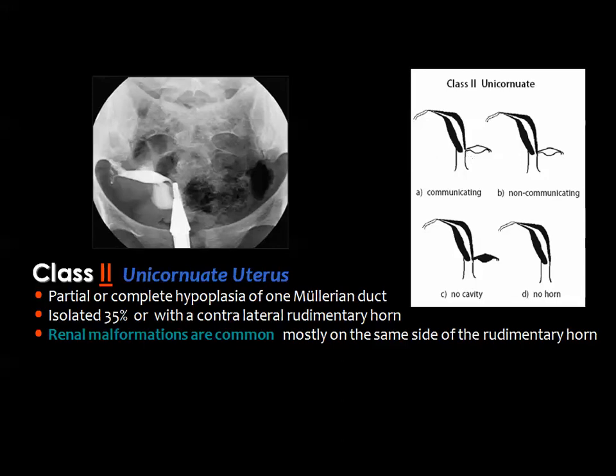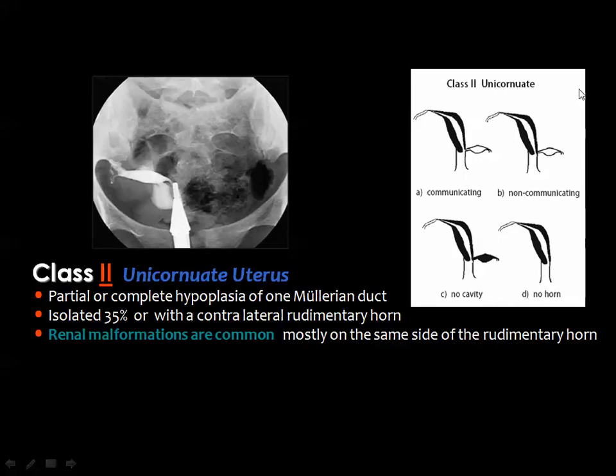If the cornu is connected to the uterine cavity, it will fill with contrast material during hysterosalpingography. But if not, and you see here only one uterine cornu, you may expect that there is no other cornu at all, or the cornu is present but it is not connected to the uterine cavity, and this information is only obtained by MRI or by the transvaginal ultrasound.